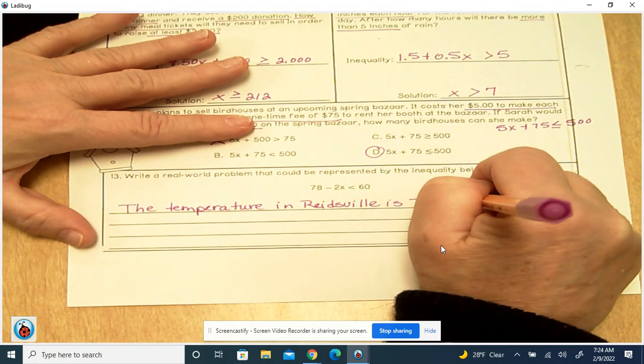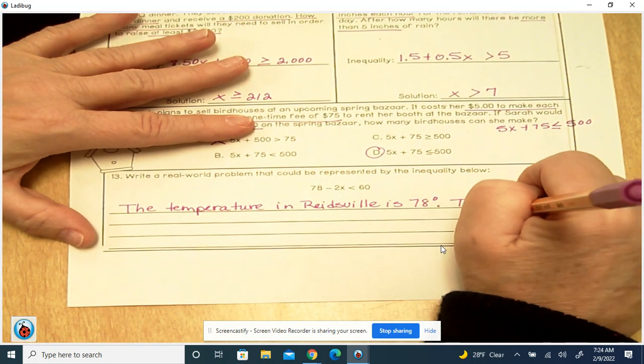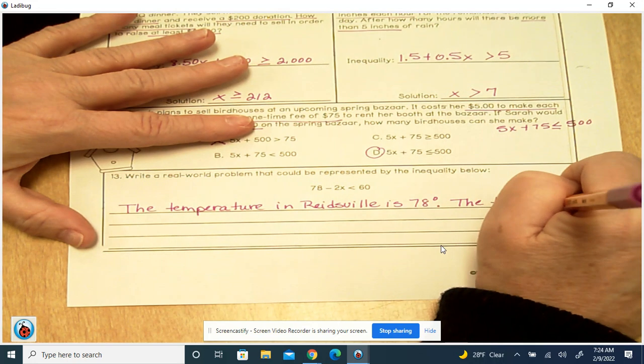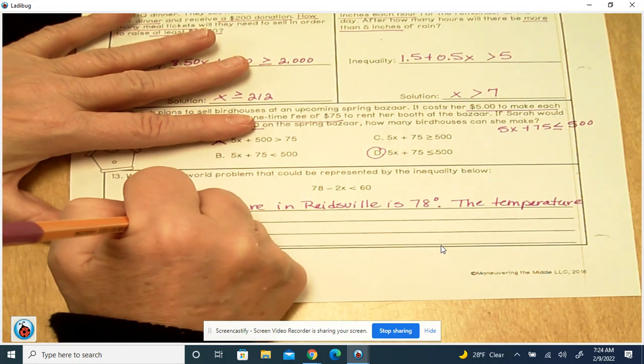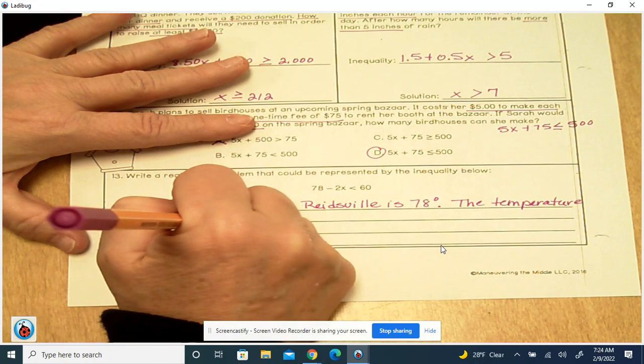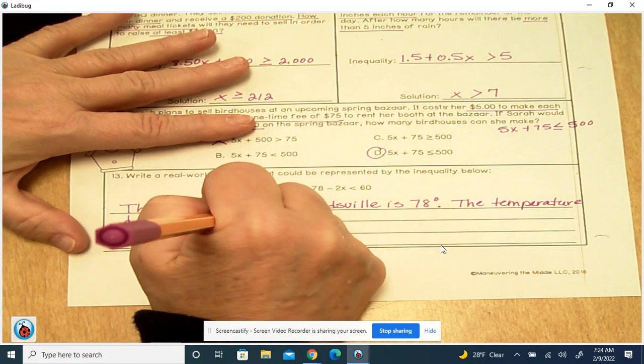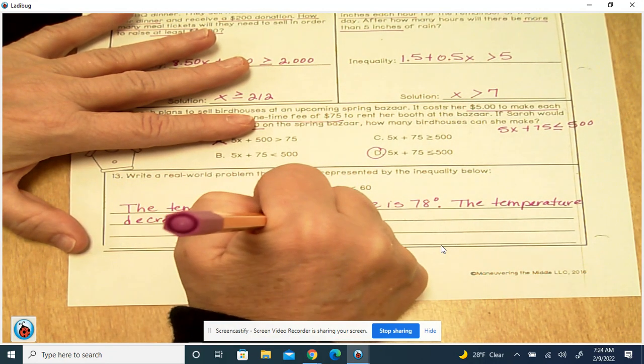The temperature decreases, that's where the negative is, 2 degrees each hour.